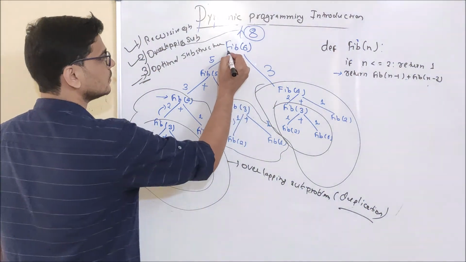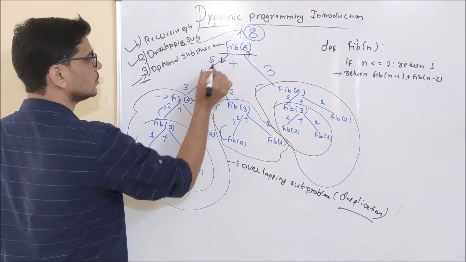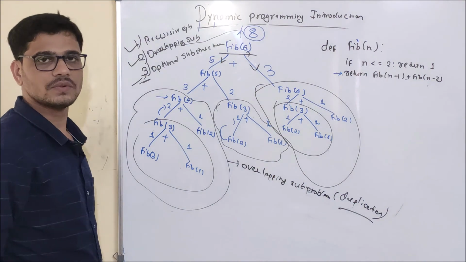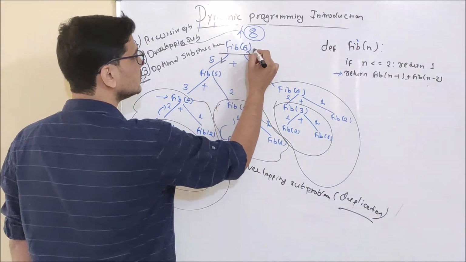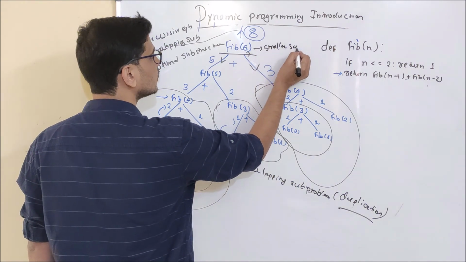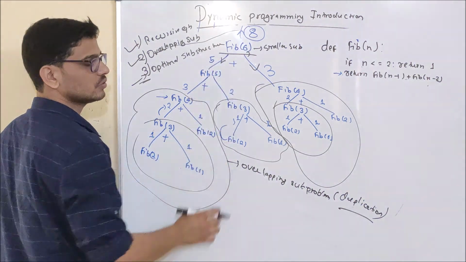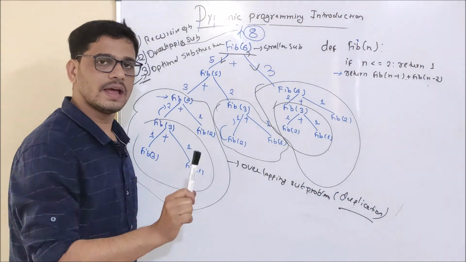See what fib of 6 is doing: fib of 6 is making a function call to fib of 5 as well as fib of 4. So basically, fib of 6 is breaking itself into smaller sub-problems. And eventually it is combining the answers of these two problems and reaching its own answer.